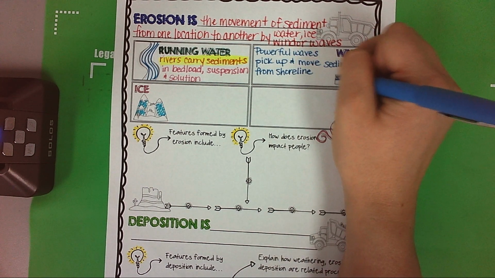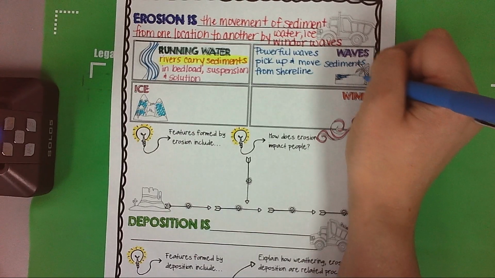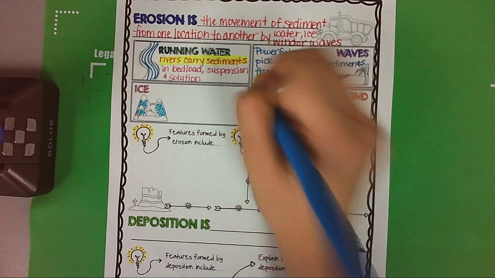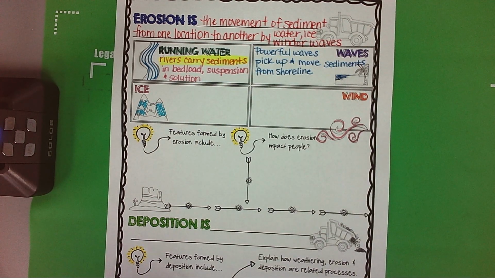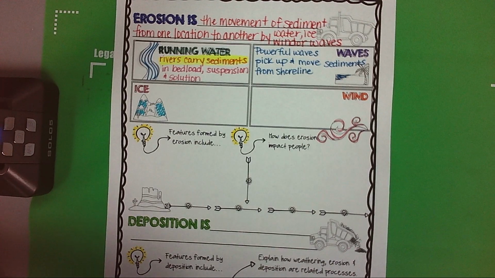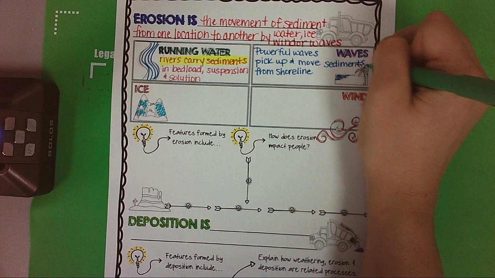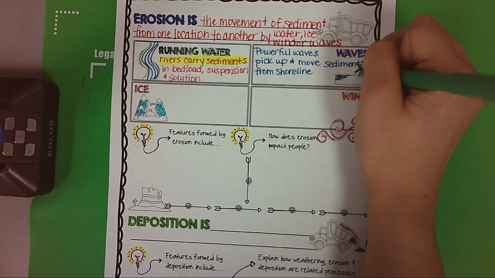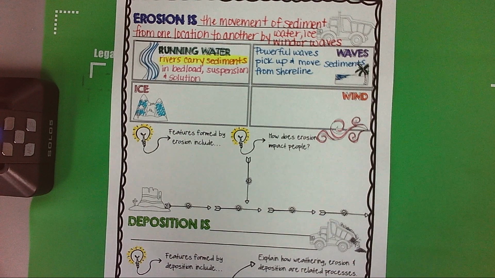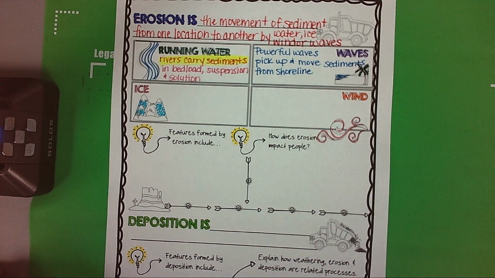Okay, so here's our water. Our wave comes in, it grabs the sand and brings it back out. So it's important to think about that. Water is moving these sediments. Okay, water is moving the sediments.